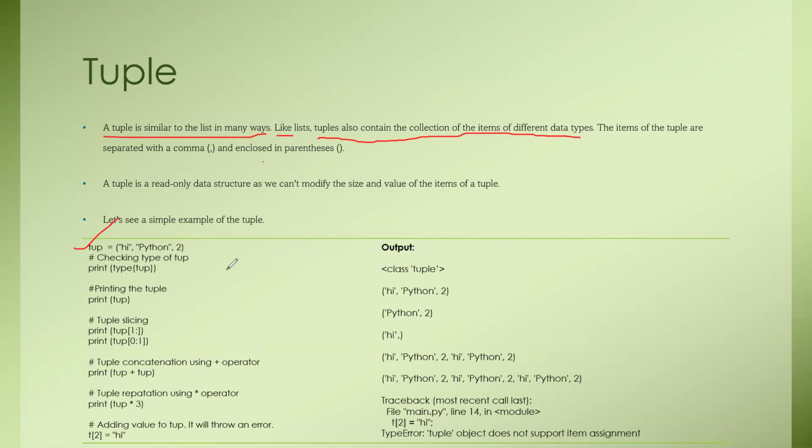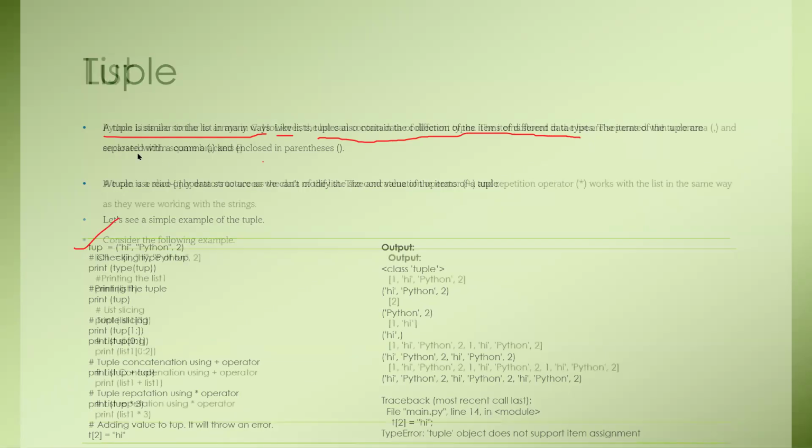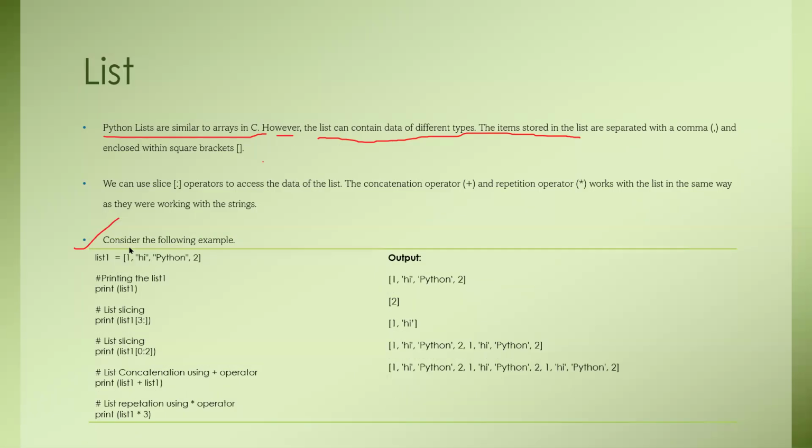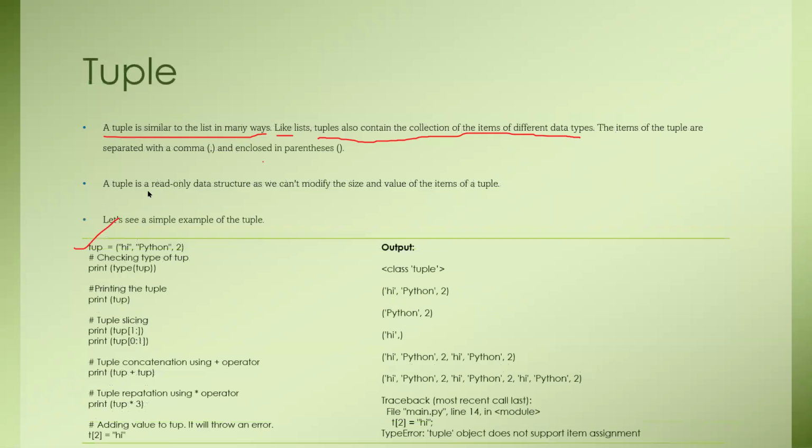But the point here is that the items you maintain in a list can be edited. You can modify the list at any point of time. The value can be changed if you're creating a list. But if you create a tuple, it is read-only data. You cannot modify the size or the value of the tuple.